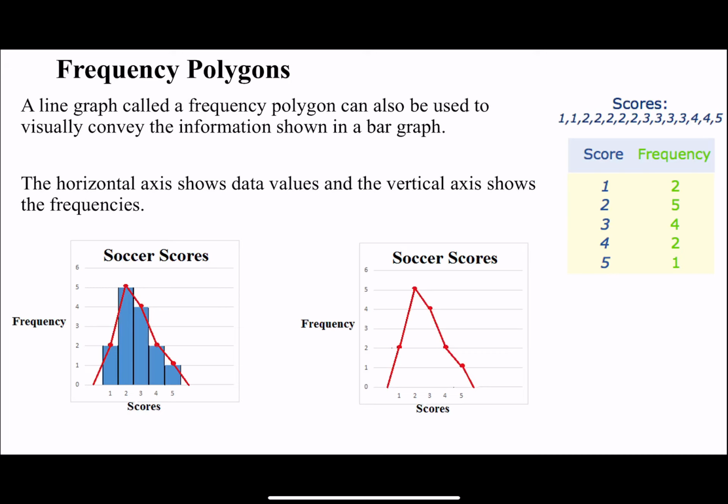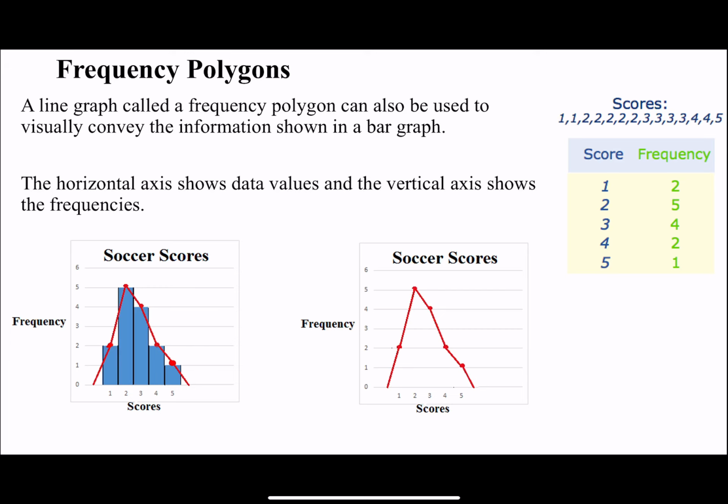When you have a histogram, on top of each bar, you can choose the middle point, okay? So choose the middle point on top of each bar, and then you can just connect these points. But don't forget to connect the first point and last point to the x-axis.